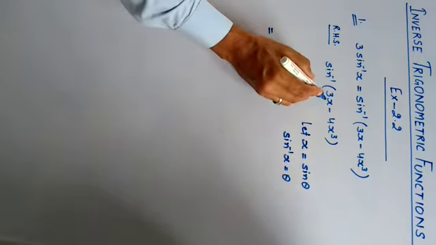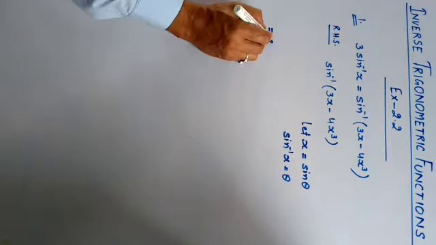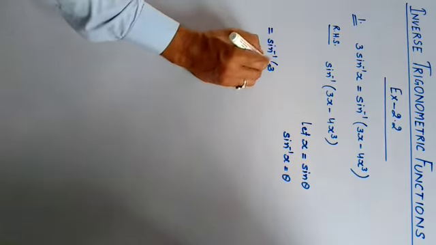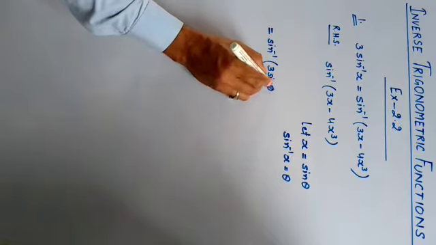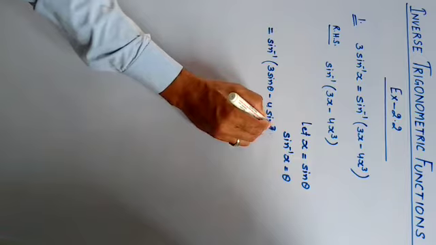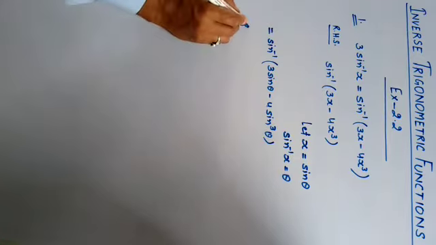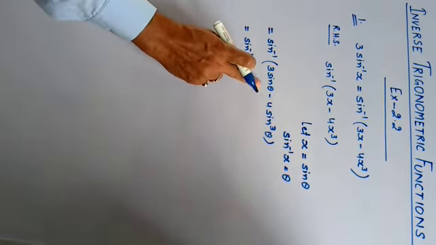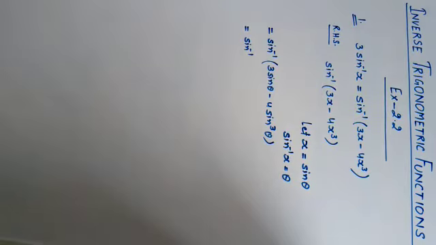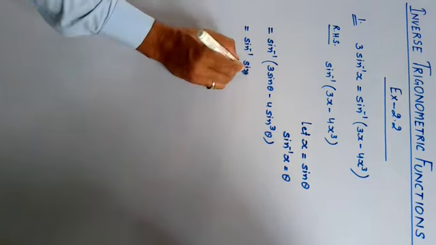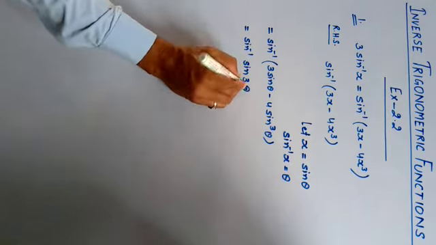Now putting the value of x here, it will be sin inverse of 3 sin theta minus 4 sin cube theta. Now you have studied in class 11 that 3 sin theta minus 4 sin cube theta is the formula of sin 3 theta.